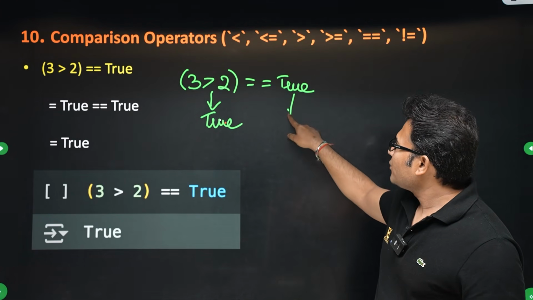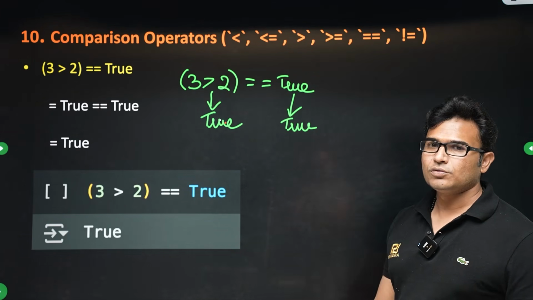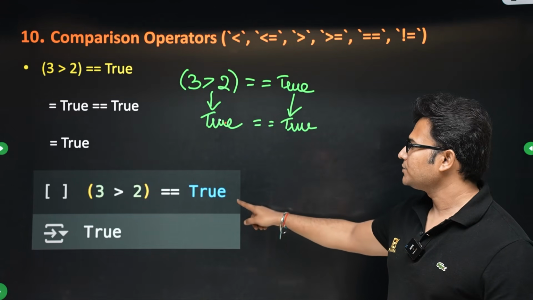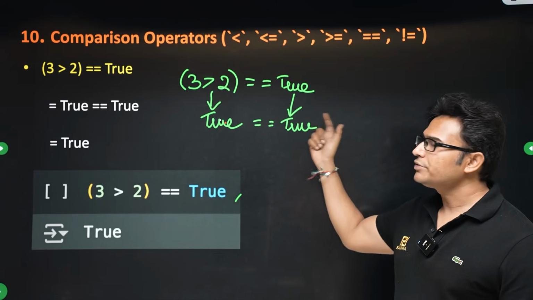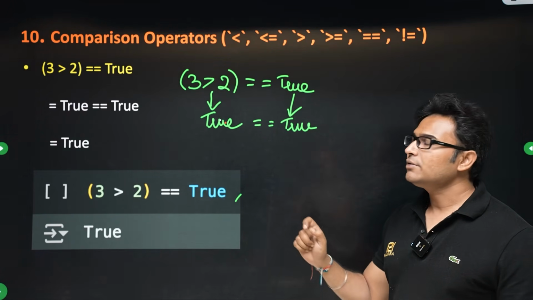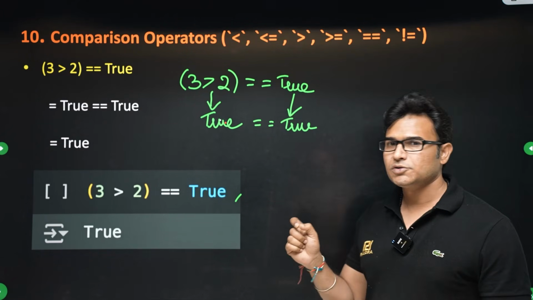Now here also we have true. Now both of them are equal. Therefore the answer is true. So this is without chaining, with parenthesis. When you apply chaining, it will be different. I hope you are getting it. We'll do a lot of examples, you understand, okay?